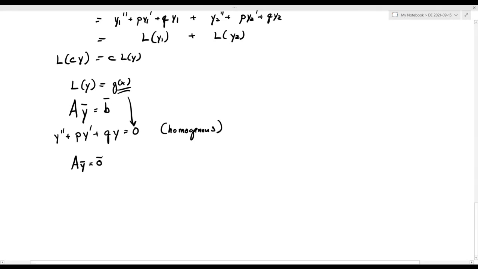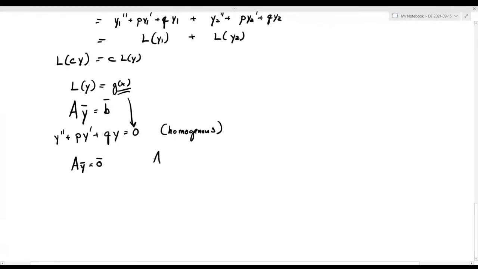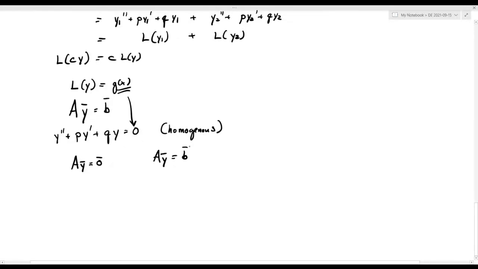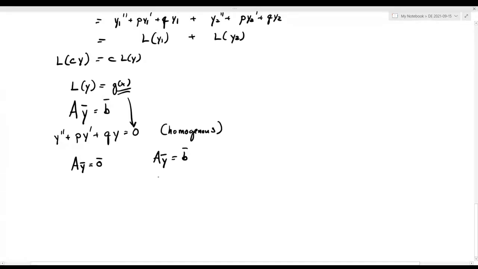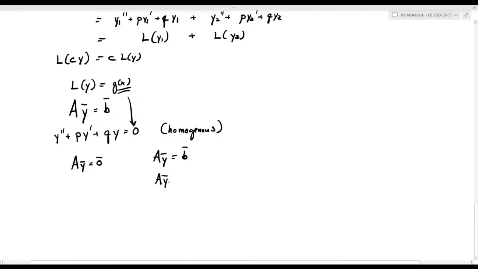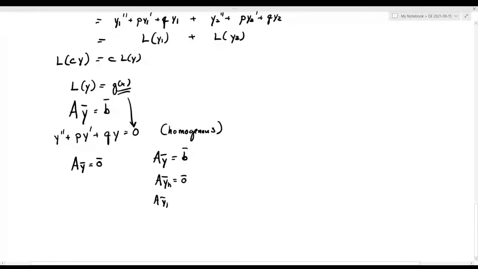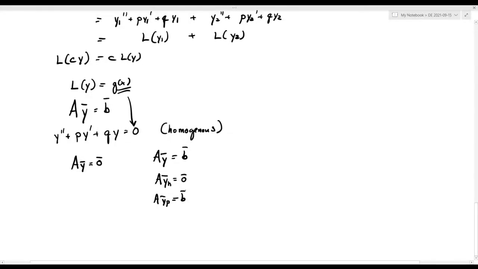And also, if you recall, when we have a matrix equation like this, to find all the solutions, assuming they exist, we first find a vector, let's call it y sub h, h for homogeneous. We first find a solution to the homogeneous equation, and then you find a particular solution to the original equation. And then all solutions to the original equation can be written as the homogeneous solution plus the particular solution.